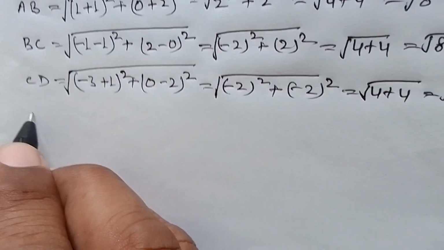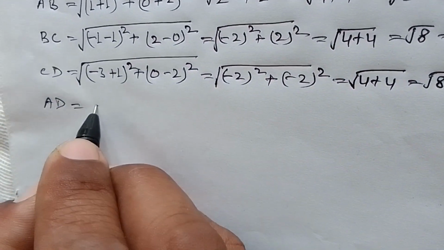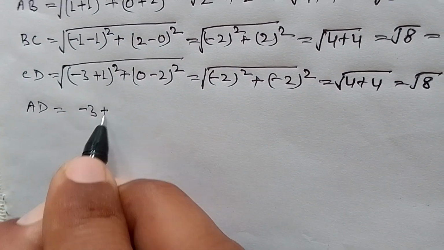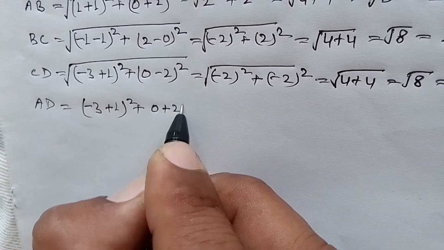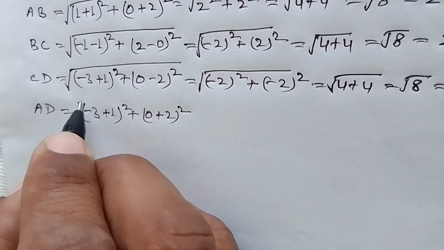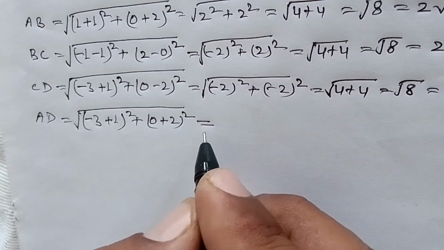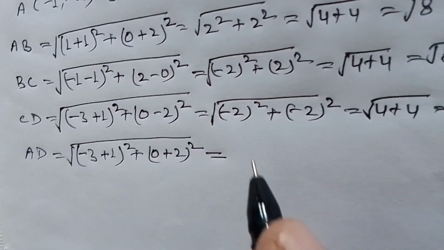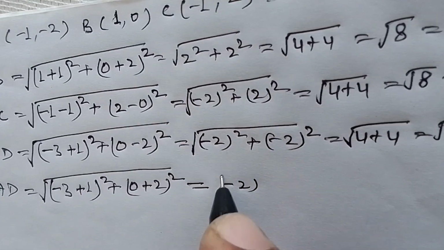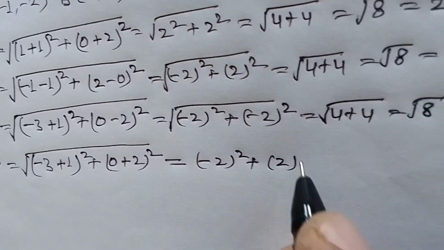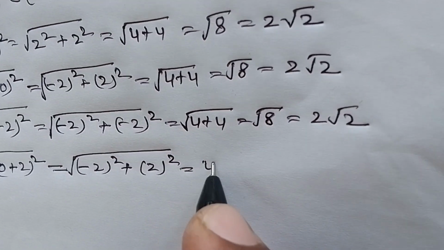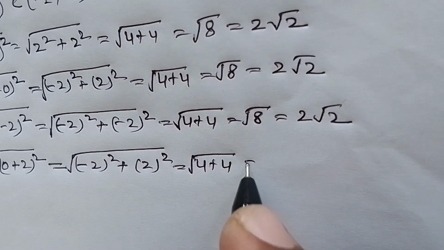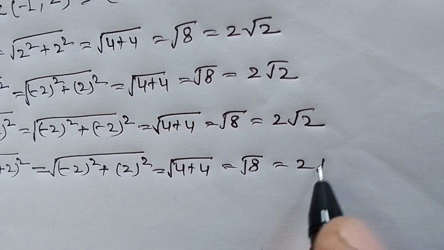Now AD, the distance between points A and D: (minus 3 plus 1) square plus (0 plus 2) square. So it comes out to be minus 2 square plus 2 square, so root of 4 plus 4, root 8, is equal to 2 root 2.